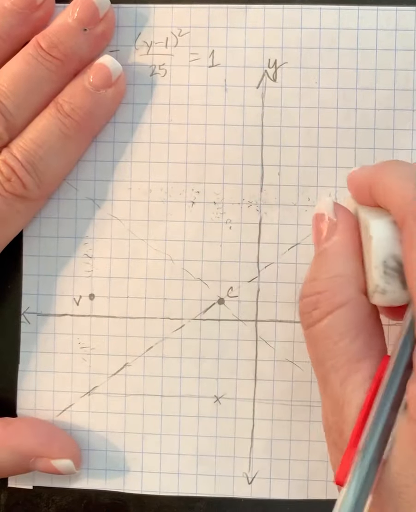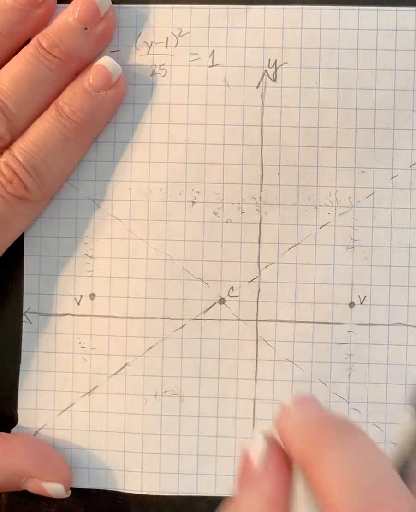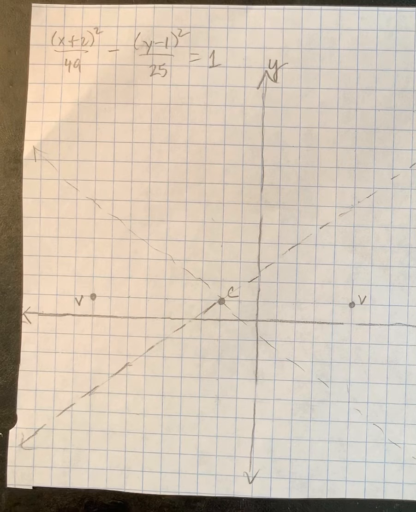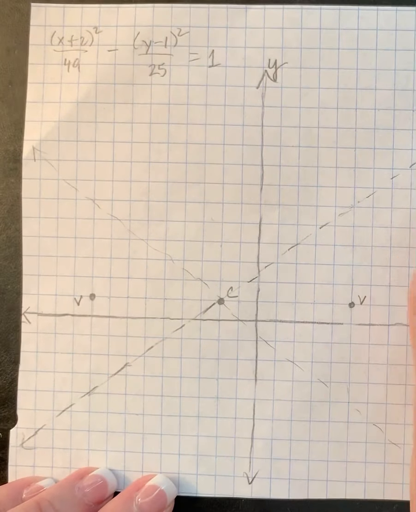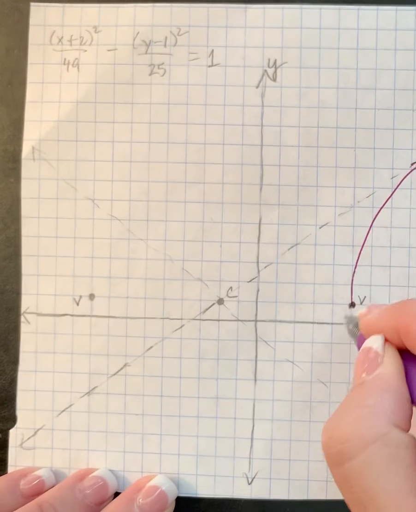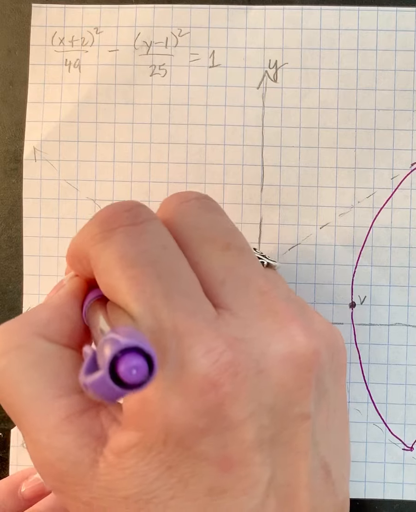The rectangle just helps you find the asymptotes, that's all it does. Okay, so the hyperbola is nestled in between the asymptotes, and the vertex is an actual point on there, just like that.